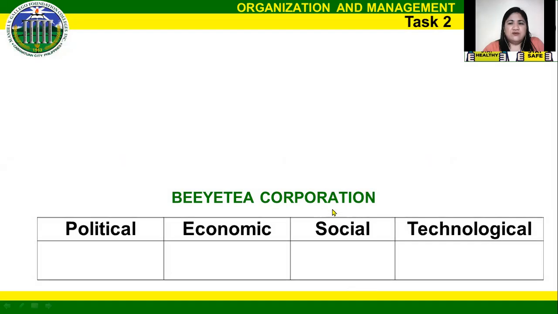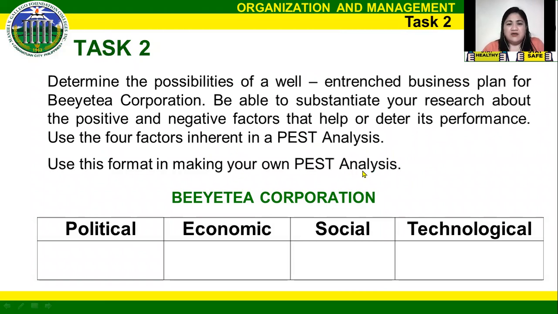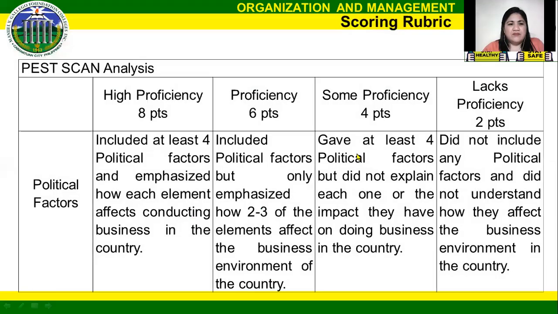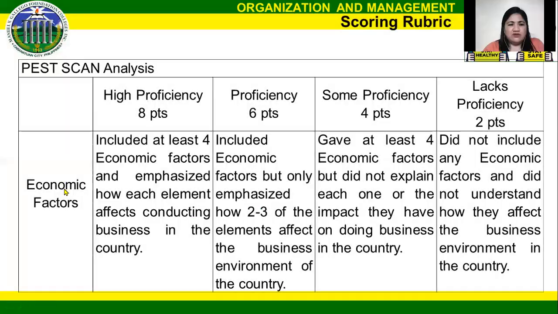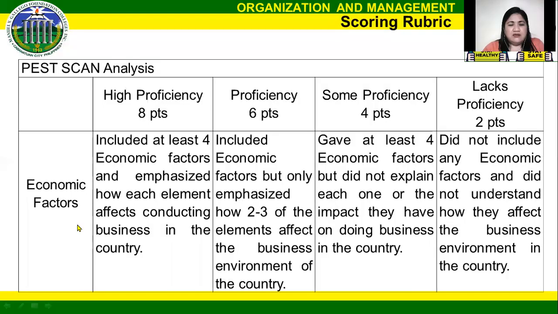You are also going to do task 2, which is the PEST analysis. This time, ang gagawin nyo naman po ay PEST analysis of the same corporation, the DET. You have this rubric which focus on ano yung nakita niyong political factors that could possibly affect DET, economic factors. Ang gamitin niyo po ay yung kasalukuyan.